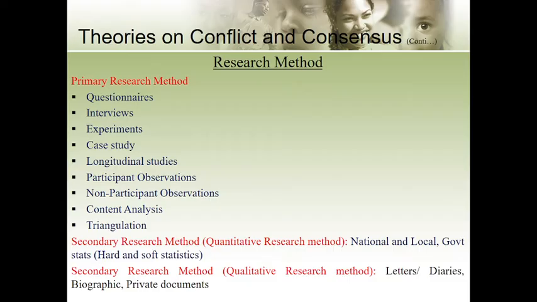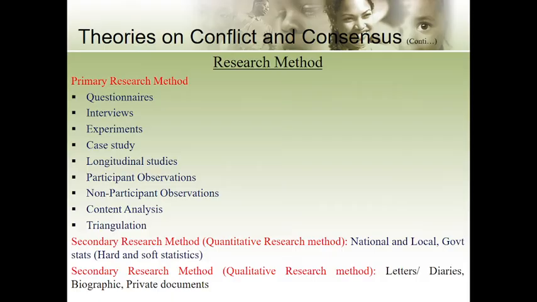The difference between participant observation and non-participant observation: participant observation is when the observer becomes a part of the group that is being studied. This type of observation allows the observer to get a closer look at the group and their behavior. However, non-participant observation is when the observer remains outside the group and simply watches their behavior.